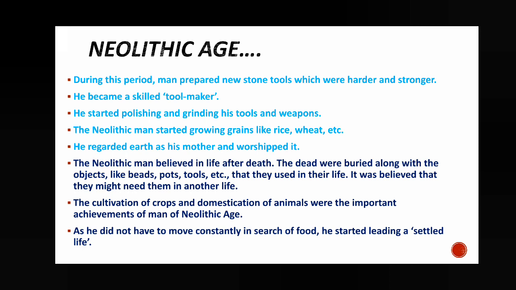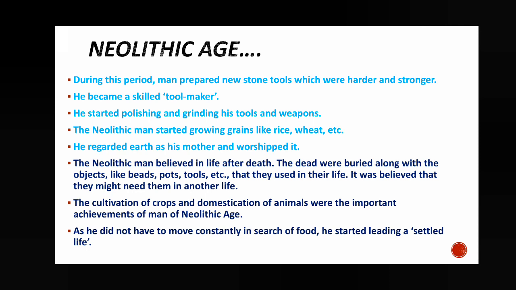When you want to do crop cultivation, an agricultural activity, you have to be busy in this activity for a minimum of 3-4 months. So when you are busy for 3-4 months, you will not move from one place to another. You have to stay there. That's why they started to live a settled life.